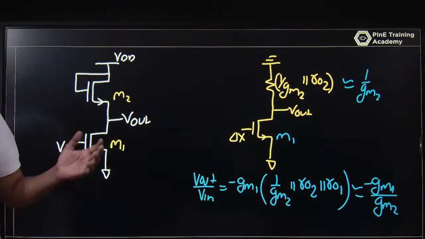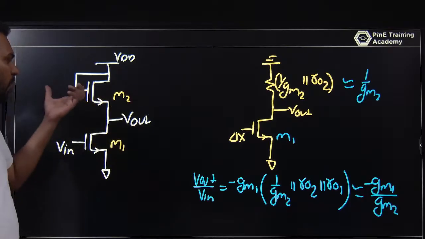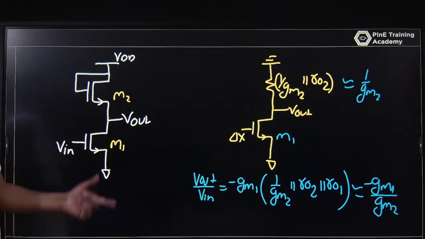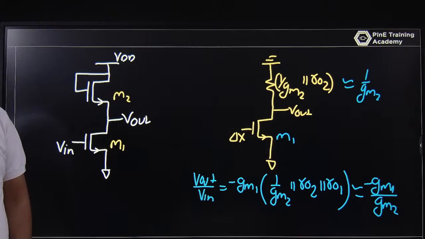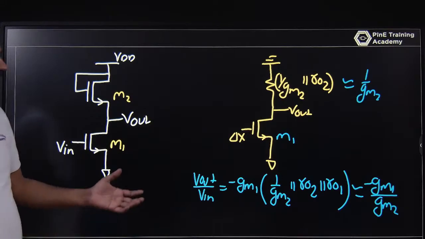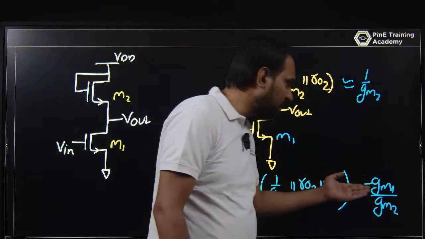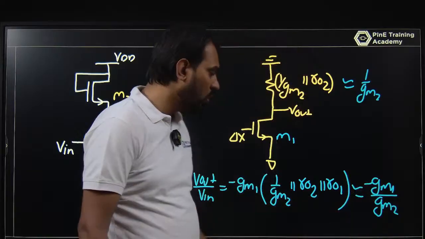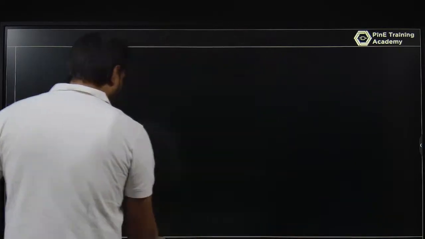So if you are changing the load in place of RD, if you are using a MOSFET based load, that is a diode based load, then of course the gain changes. The gain changes to minus gm1 upon gm2. And what is the gain here?